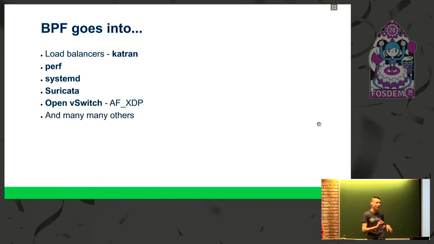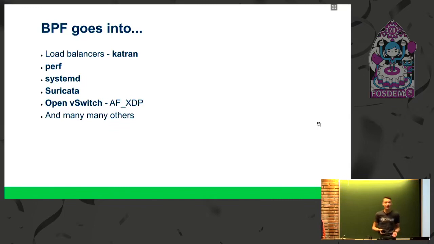In DPDK, normally you expose the network device directly to the user space, and DPDK has the network driver to use that network card. But in case of AF_XDP, you use the network drivers in the kernel, but you have direct memory access to the network card, and you can bypass the rest of the Linux kernel network abstraction you've seen in the previous slides and redirect the packet directly to the user space.